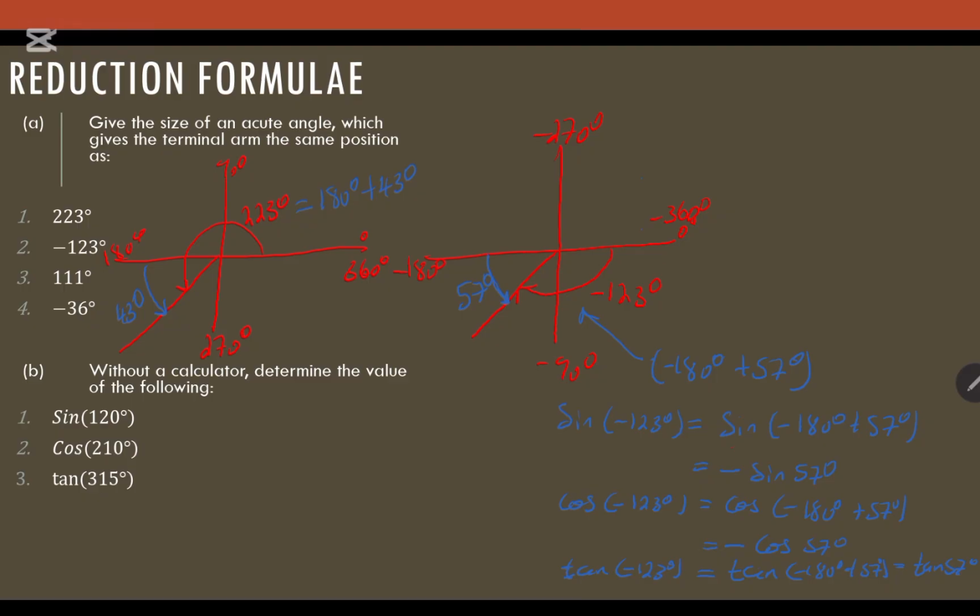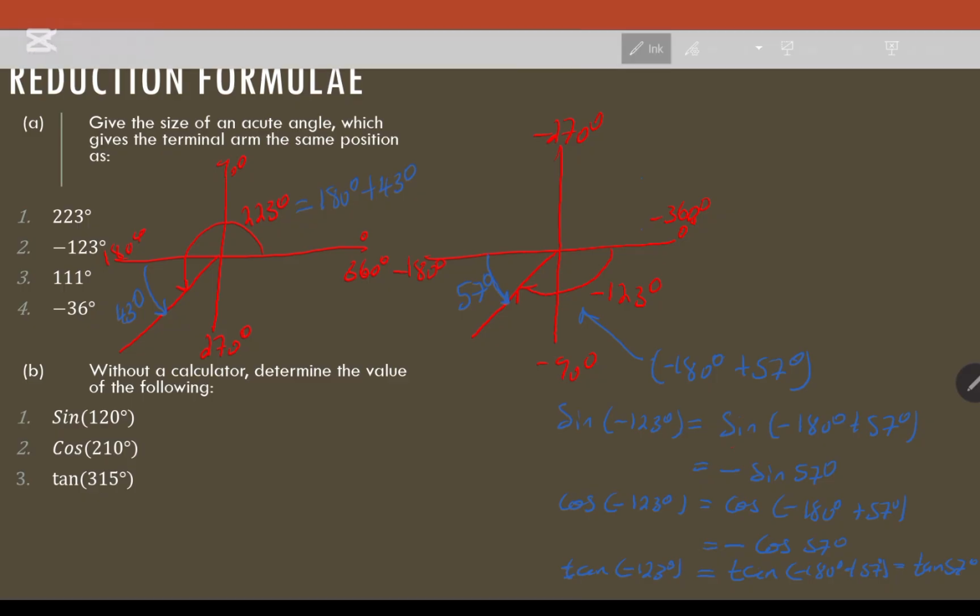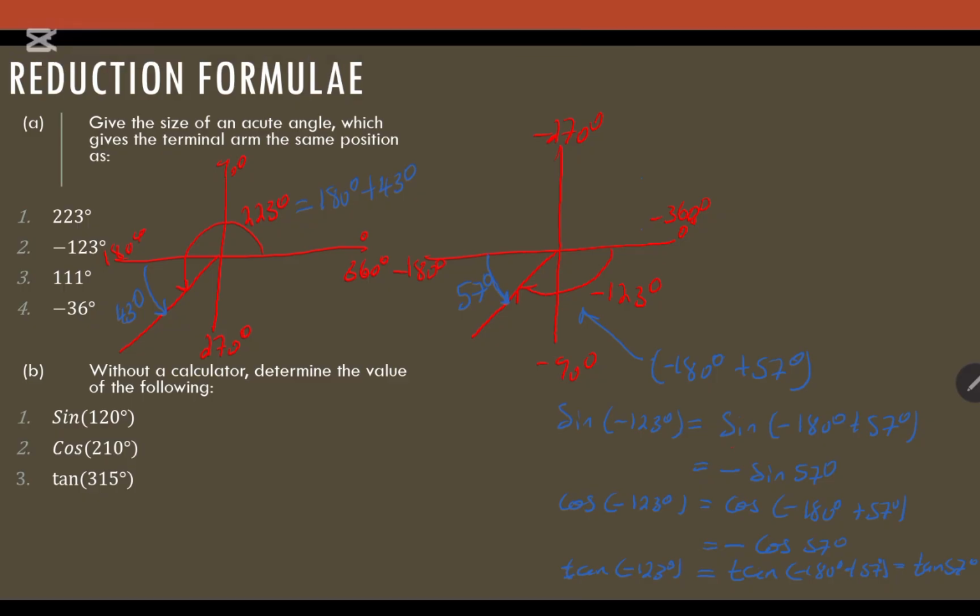Now, one other way of doing this is, instead of finding only the size of the acute angle, one can decide to find the size of a positive angle that will give the same position as this angle. Opening the angle from where negative 123 opened from, all the way towards the position of the arm, this completes a revolution.